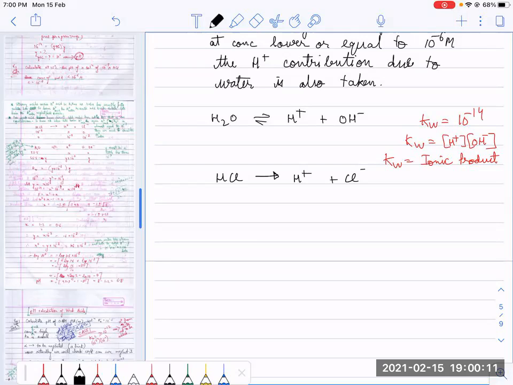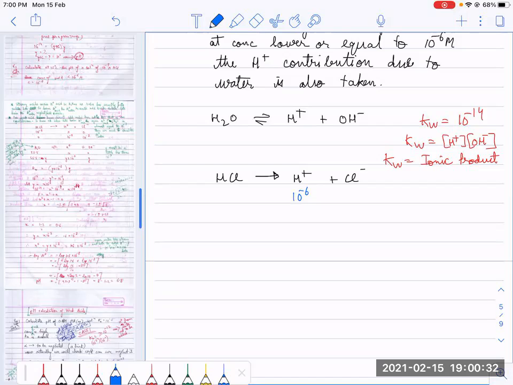Since HCl is a strong acid, it will dissociate completely into 10 to the power minus 6 H plus. Water, on the other hand, is not at all a strong electrolyte and therefore shows an equilibrium sign in between.